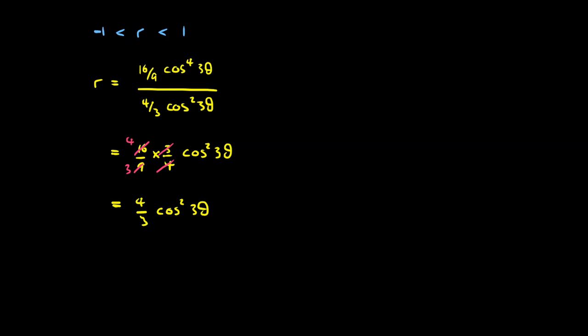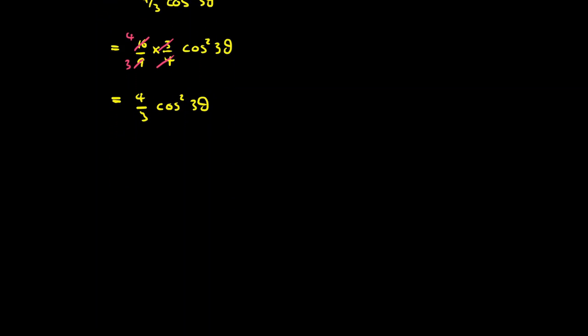Now, remember our condition. We want this common ratio to be between -1 and +1. Well, if this is a cos squared term, then it doesn't matter what value of theta we've got, we're always going to be positive. We are always guaranteed to be greater than or equal to 0. So we don't have to worry about the condition of being greater than -1. What we've got to worry about is being less than +1.